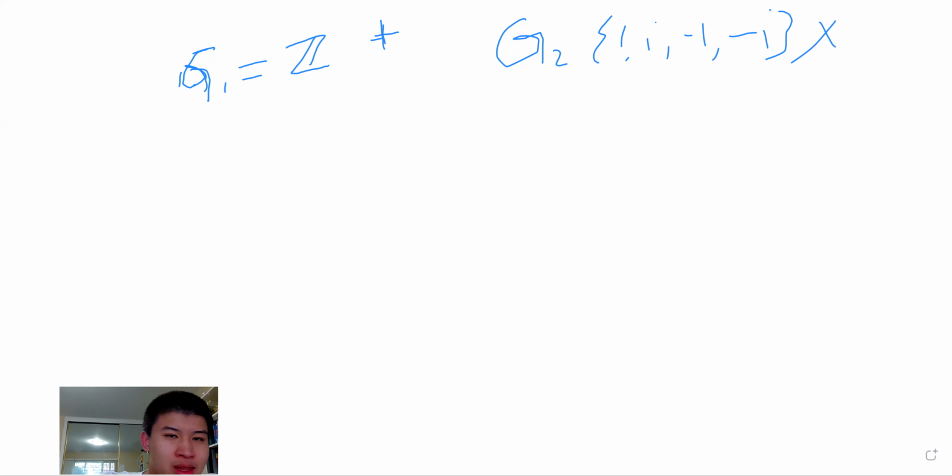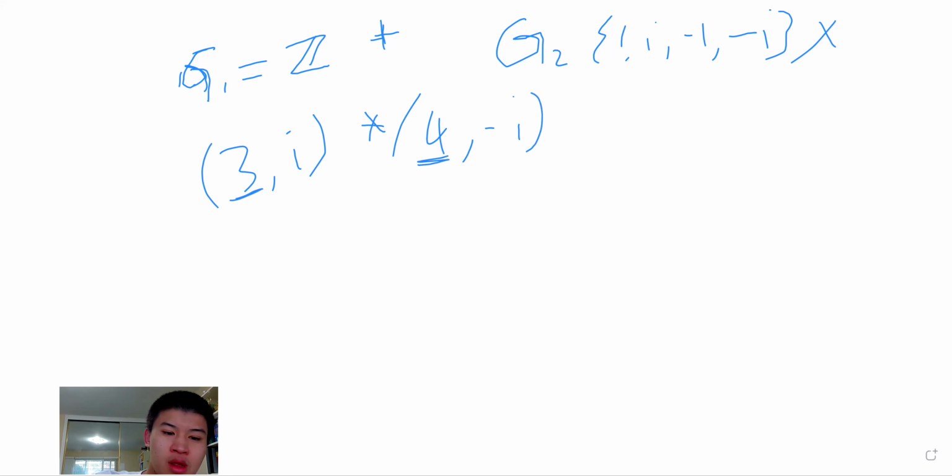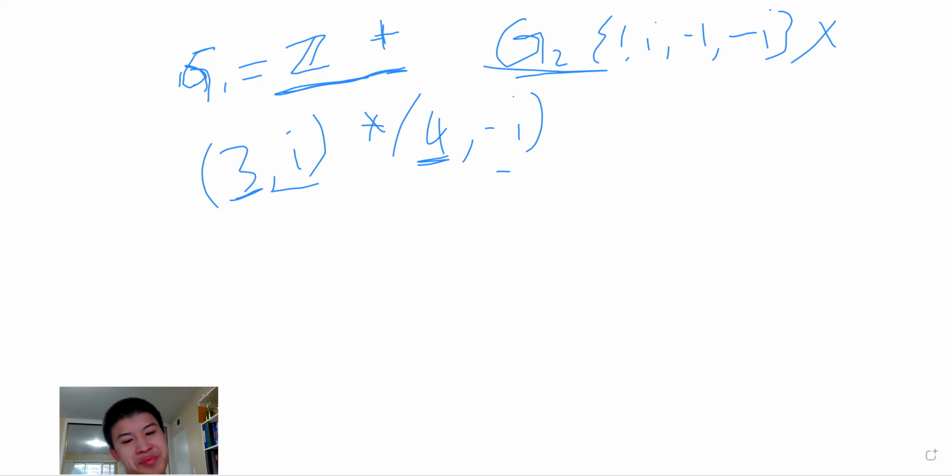So if we want to take the direct product of two elements in this group, let's say 3 comma i times 4 comma -i. The first component will be the element of G1 and the second component will be element of G2.